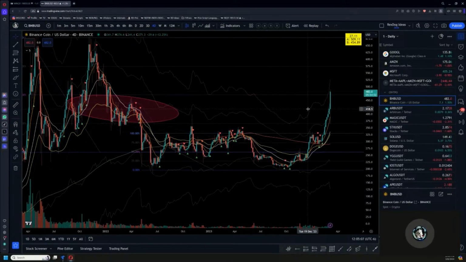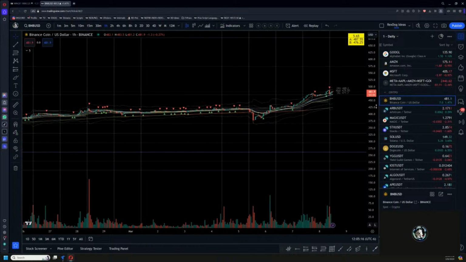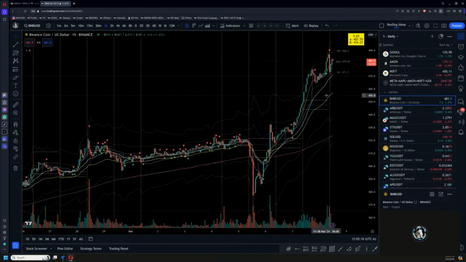We want to put a trailing stop probably down at 436. Yeah, right around 454 probably. Okay.